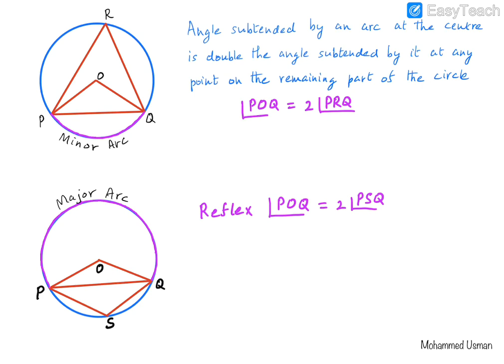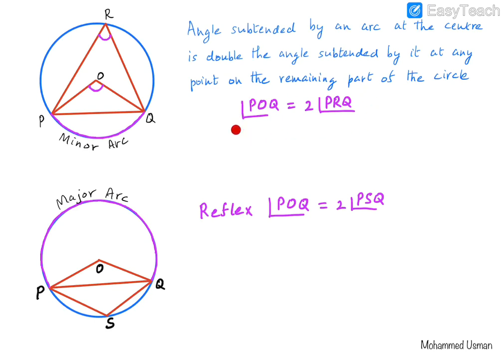What this property tells us is that the angle subtended at the center is twice the angle subtended at any other point on the circle. So we have our angle POQ and we have our angle PRQ. What this property tells us is that the angle POQ is 2 times the angle PRQ, which is what is mentioned here.